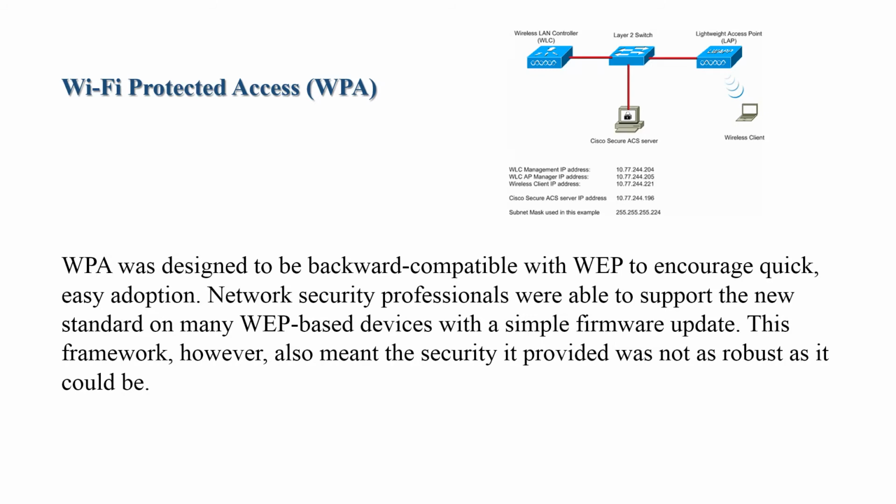In response, in 2003, the Wi-Fi Alliance released WPA as an interim standard, while the Institute of Electrical and Electronics Engineers (IEEE) worked to develop a more advanced long-term replacement for WPA.